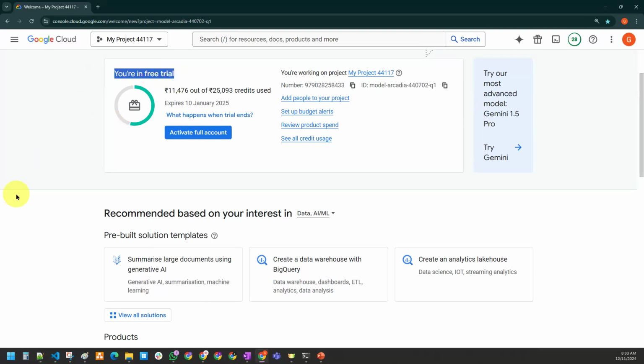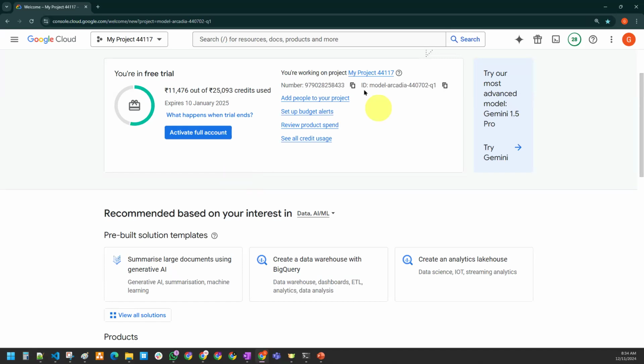How much do they credit? $300, which is almost 25,000 rupees in free credits, and you can use it for the next 90 days. Beautiful, right? We can practice everything for the next 90 days, even after the course also.